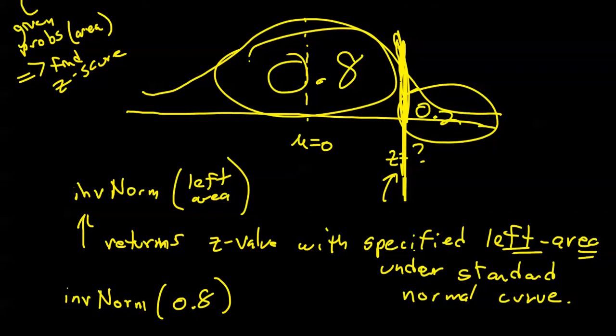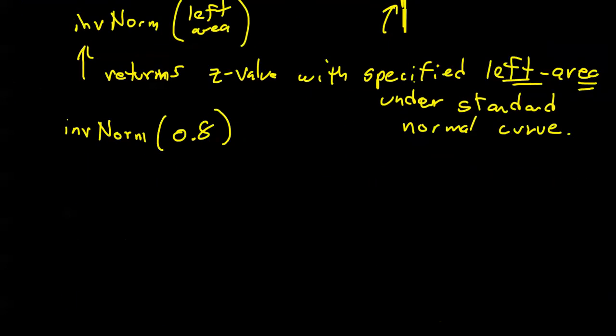If I hit second, vars, to get to the distribution submenu, on my calculator it's the third function down on this distribution list.